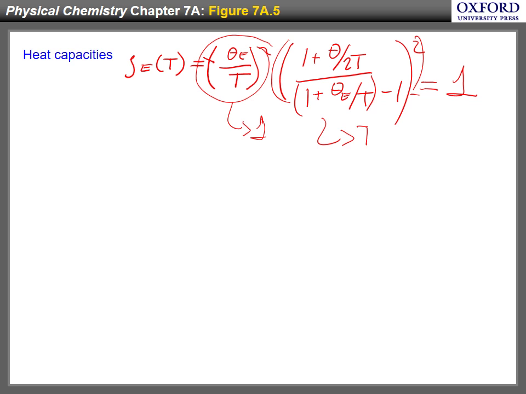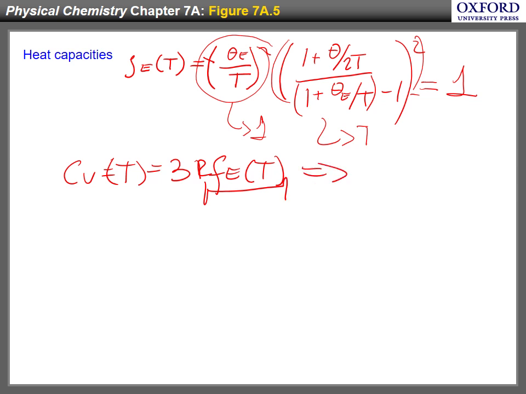Remember, we had the heat capacity as a function of T that equaled 3R phi of T. Now this component is 1. Therefore, at high temperatures, we obtain our initial 3R, which is in complete correlation with the Dulong and Petit calculations. And again, as we stated earlier, this is only true for high temperatures.